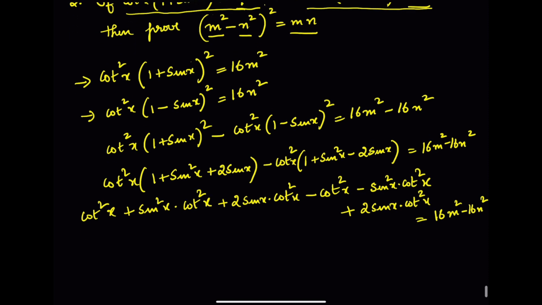Okay, now let's see what can be cancelled out. So we can cancel out the cot square x, then we can cancel out sin square x cot square x.